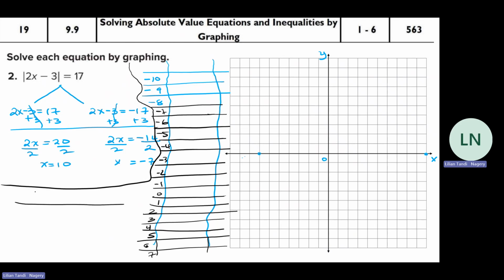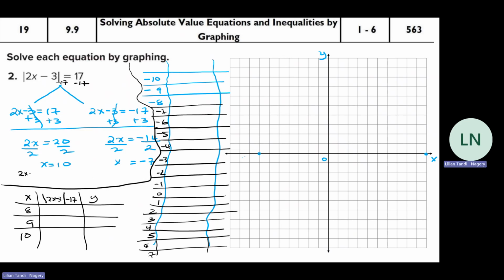Continue over here. X, Y, 8, 9, 10. Okay. Now we will subtract 17 on both sides. So my new equation will be absolute value of 2x minus 3, absolute value, minus 17. Because if you subtract, you'll get 0 over here. Okay? All right. So, you know what? Let me do it over here.